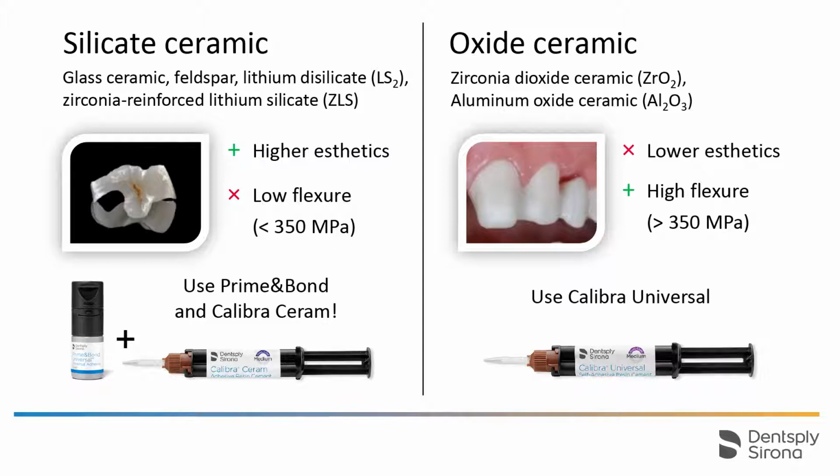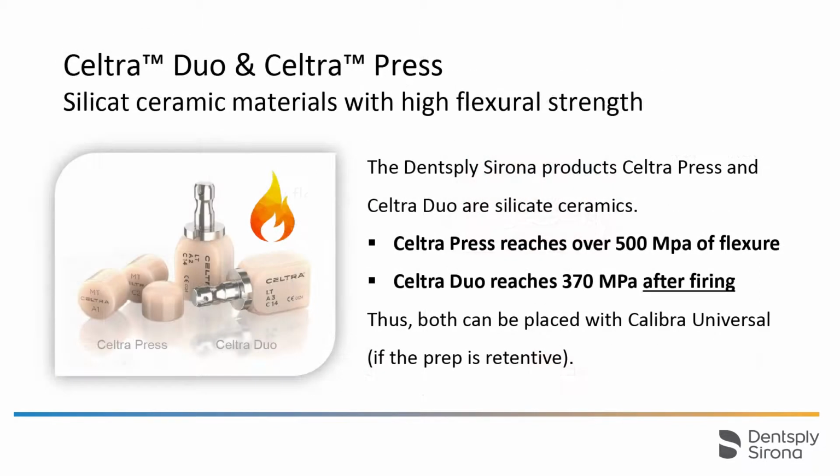By the way, when talking to dentists, you will often hear the term glass ceramic, which many all-ceramic restorations are made of. Do not be confused. Glass ceramic belongs to the group of silicate ceramics. Silicate and glass ceramics also include more recent product developments, which are characterized by their higher strength.